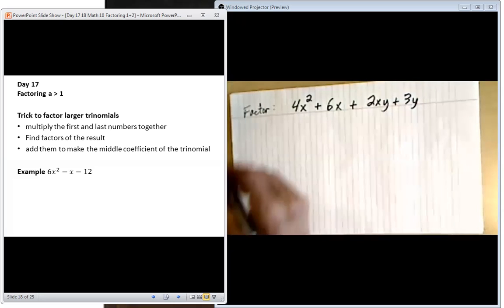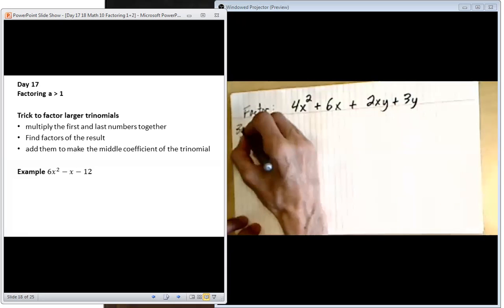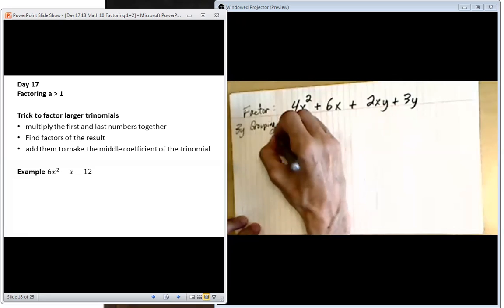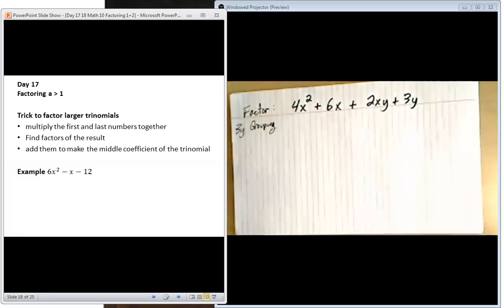Okay, and I'm going to do this by grouping. So if you remember by grouping, we do 2 terms at a time.